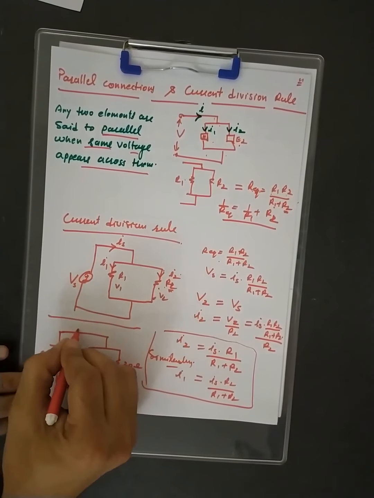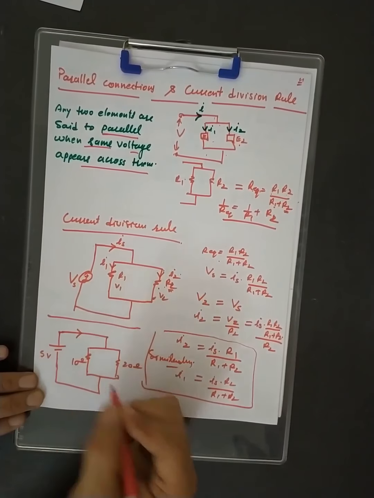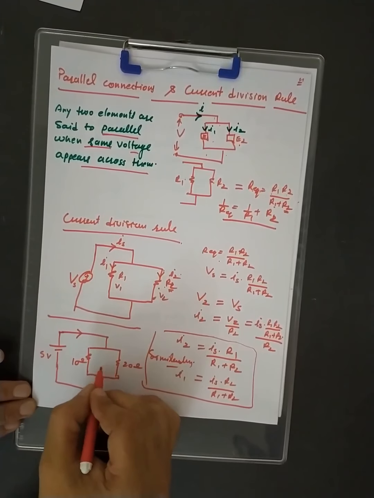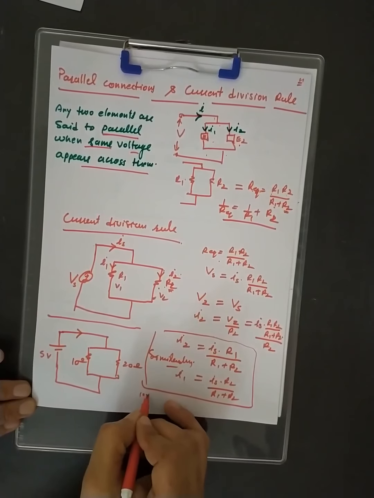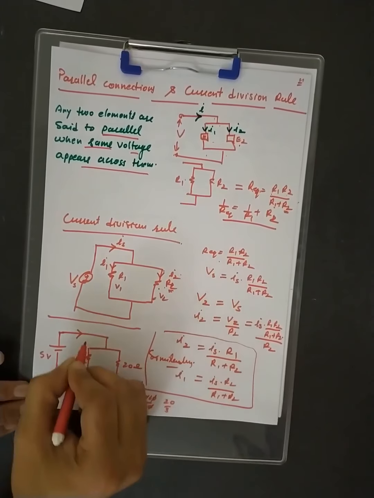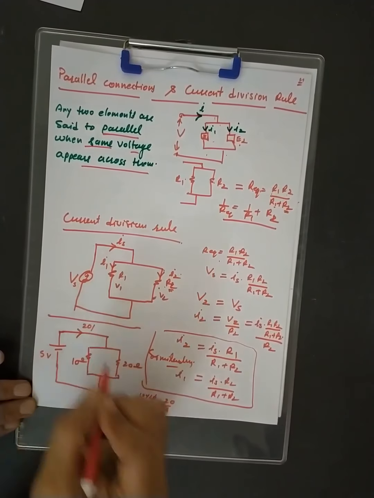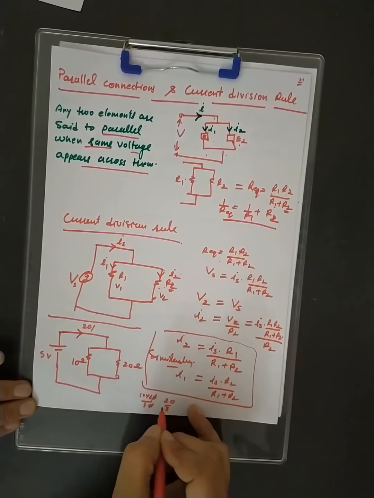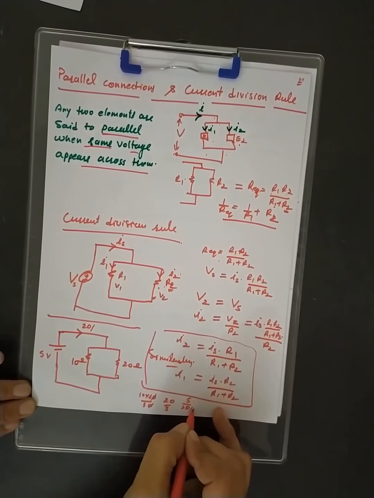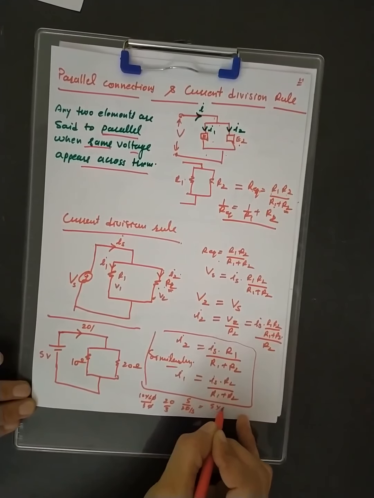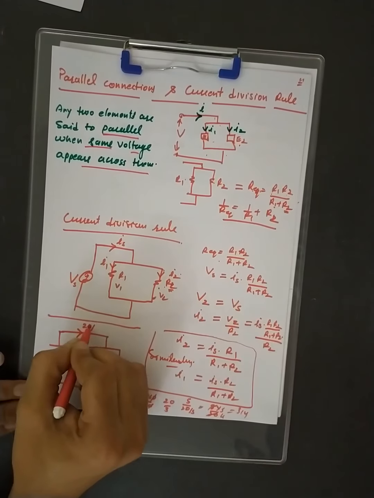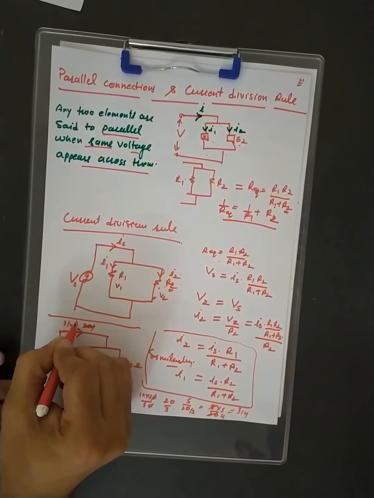So you can find the value of current, which will be given to you, or you have to find it. For the total current, take R equivalent, that is 10 into 20 upon 30, that is 20 upon 3 ohm. And 5 divided by 20 upon 3 is 5 into 3 upon 20, 3 by 4. So its value is 3 by 4 ampere.